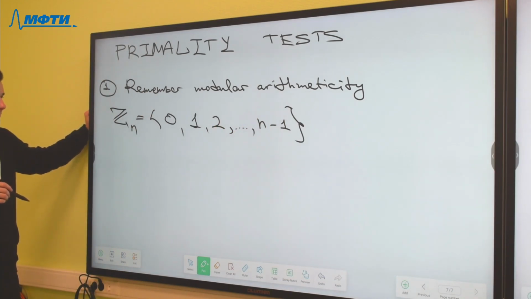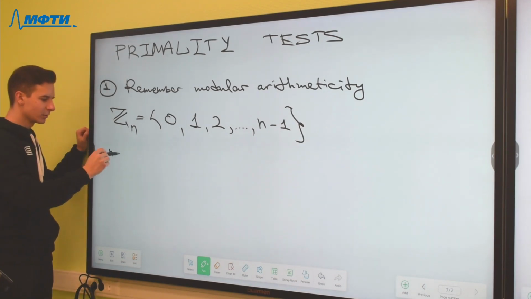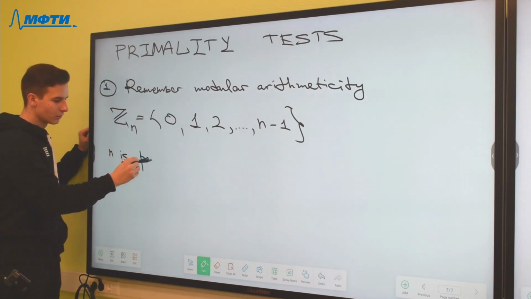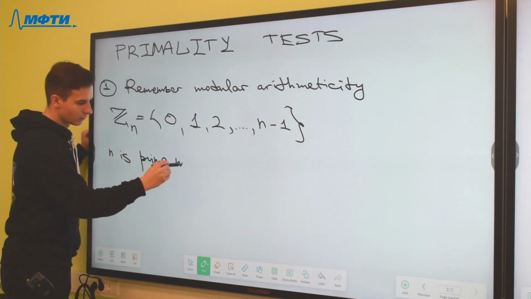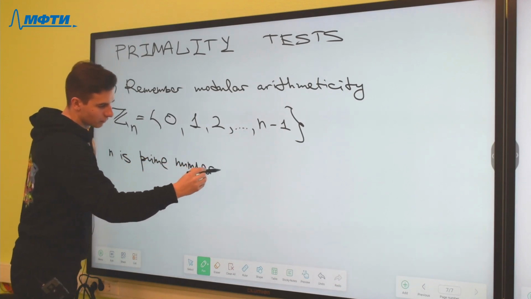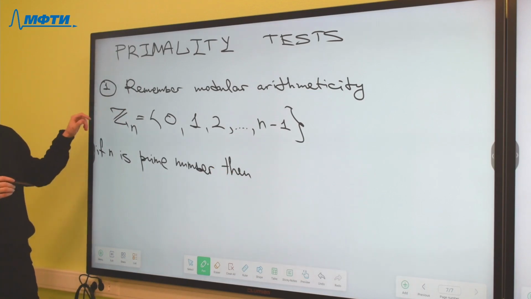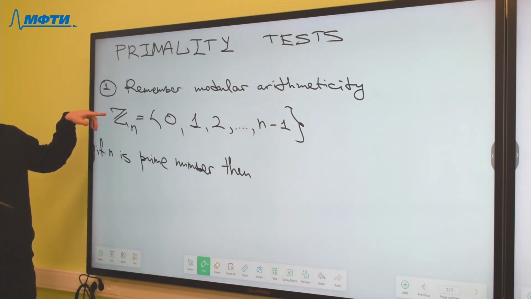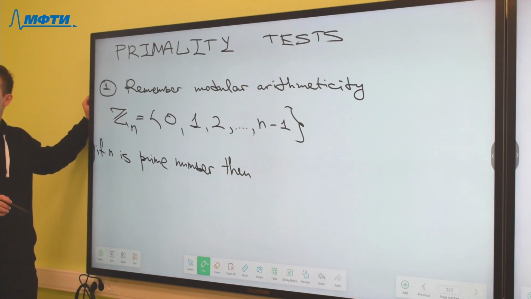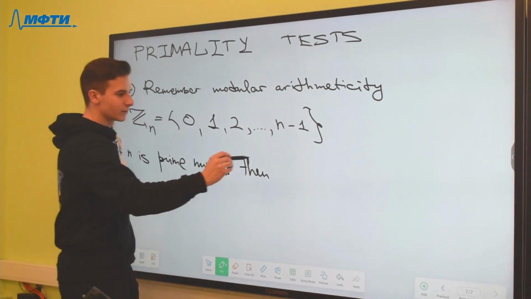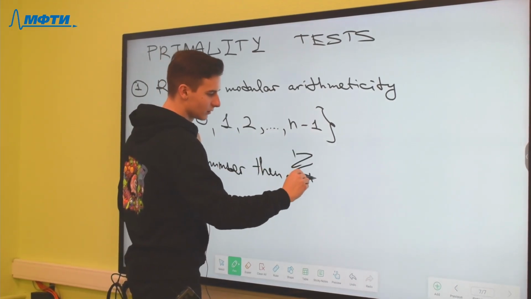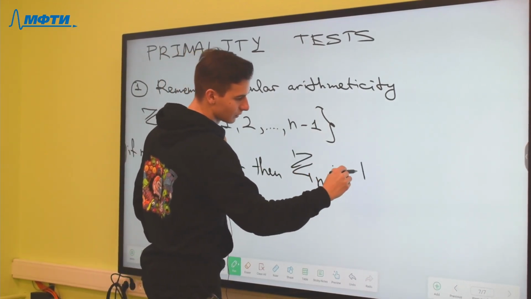And you remember that if n is a prime number, then what do we know about this set? You know what a field is? And you know that Z_n is a field.